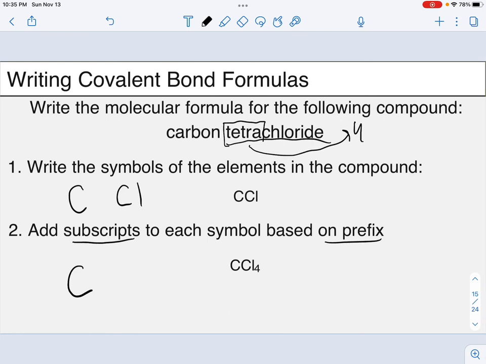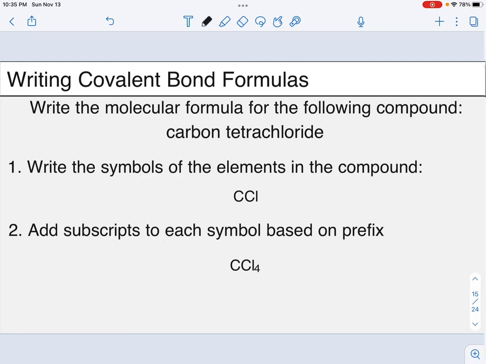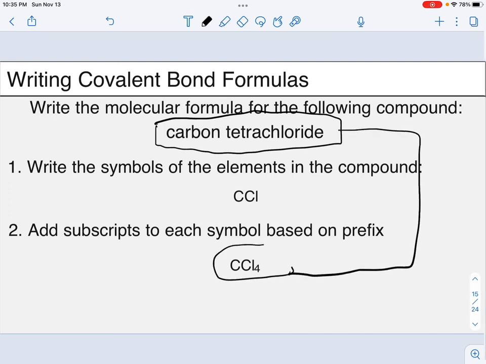So we're going to put a 4 as a subscript by chlorine, and this is the correct formula. So let's start from the beginning. The correct molecular formula for carbon tetrachloride is CCl4.